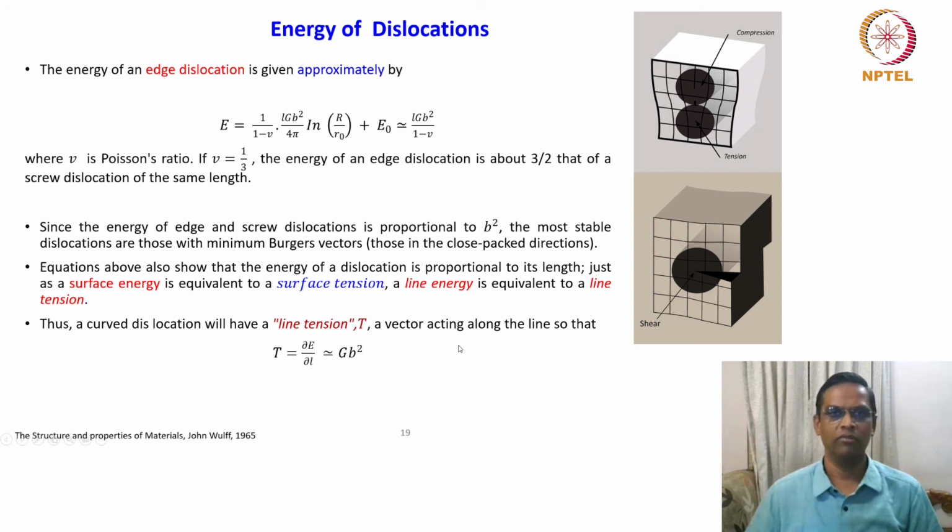Line tension. We will use this term when we talk about dislocation interactions and dislocations interacting with obstacles. These concepts will go a long way when we discuss strengthening mechanisms and so on. So it is good that we get familiar with all these terms right at the beginning. The line tension.